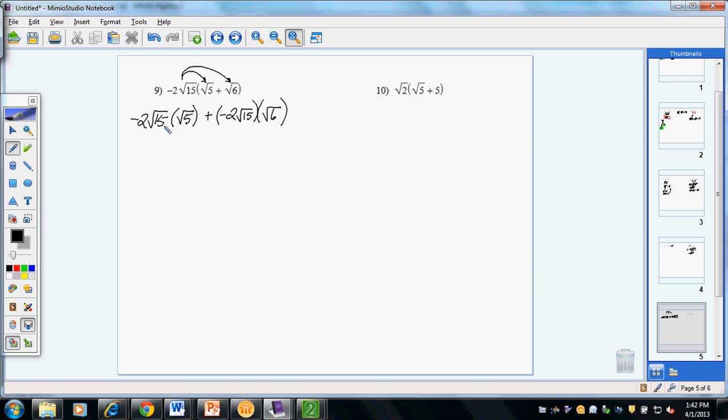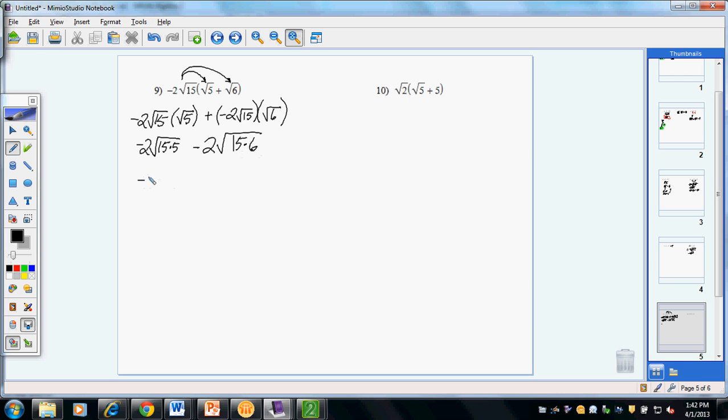So we have negative 2 square root of 15 times 5, and then we have a minus 2 square root of 15 times 6.